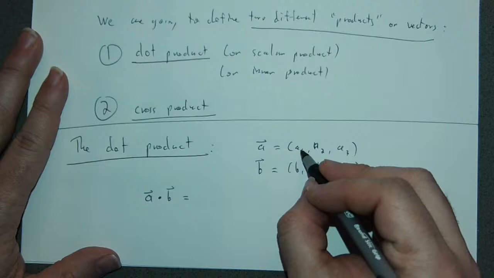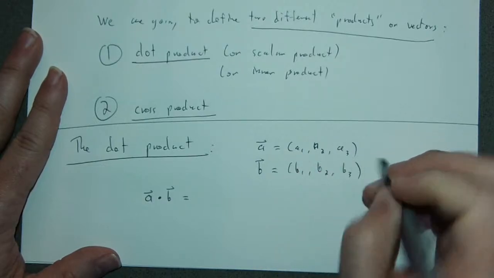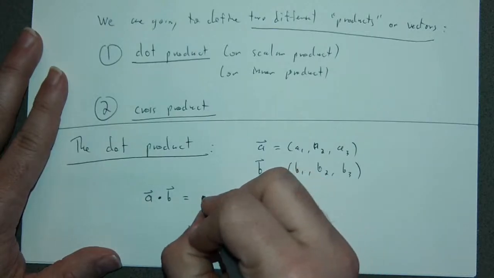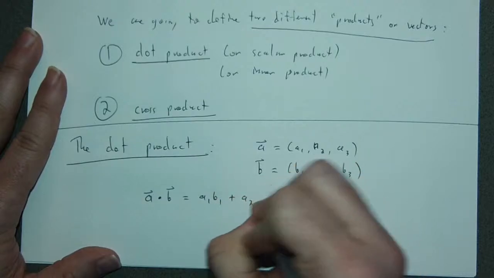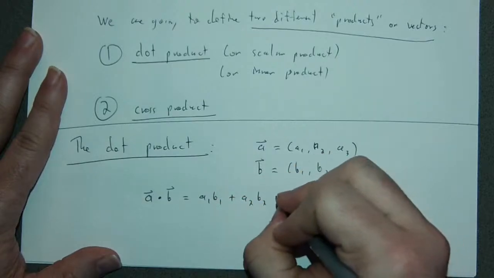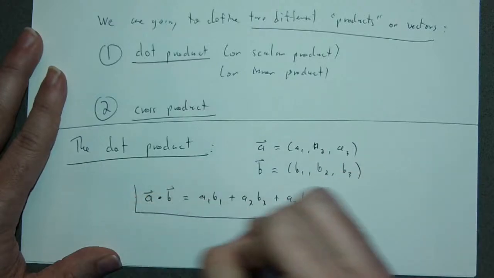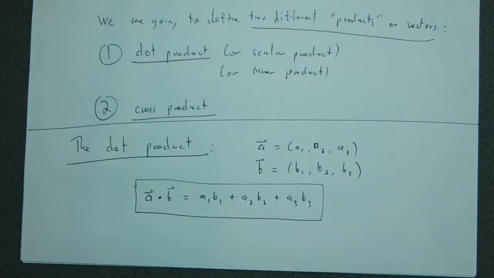I multiply each of the components, but rather than forming a vector with those products as its components, I sum them. So this is A1 B1 plus A2 B2 plus A3 B3. So that's how I do it.